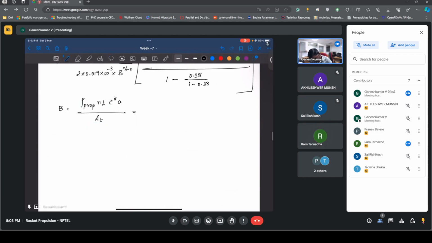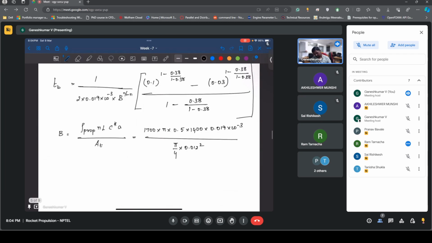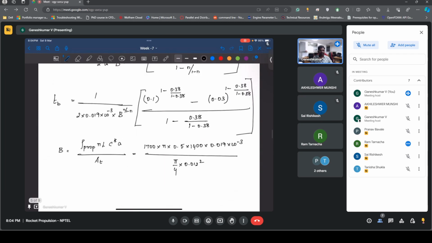So this is going to be 1700 into pi into length of the grain, which is 0.5 meters, into 1400 into 0.019 into 10 power minus 3, divided by pi by 4 into 0.012 square. So you find the B, substitute here, and you can find the burning time. If you have completed, let me know.